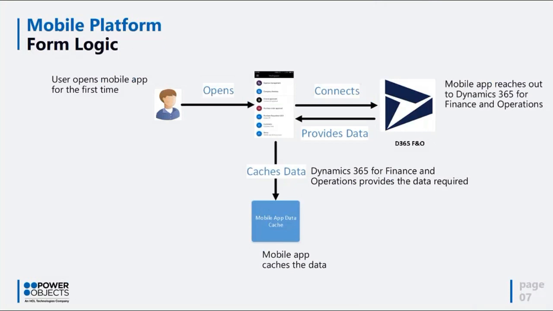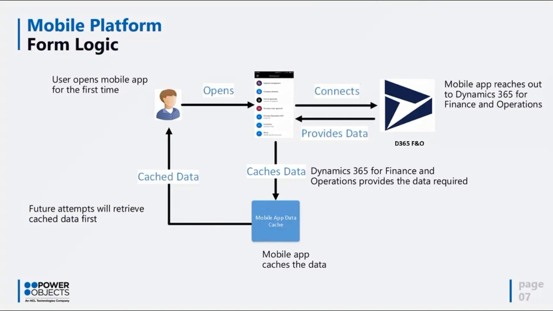And then any future attempts, so if, let's say I'm looking up customer information and it's got that data cached, it's going to try to do my next attempt off that cache data first rather than be reaching back out to the server.